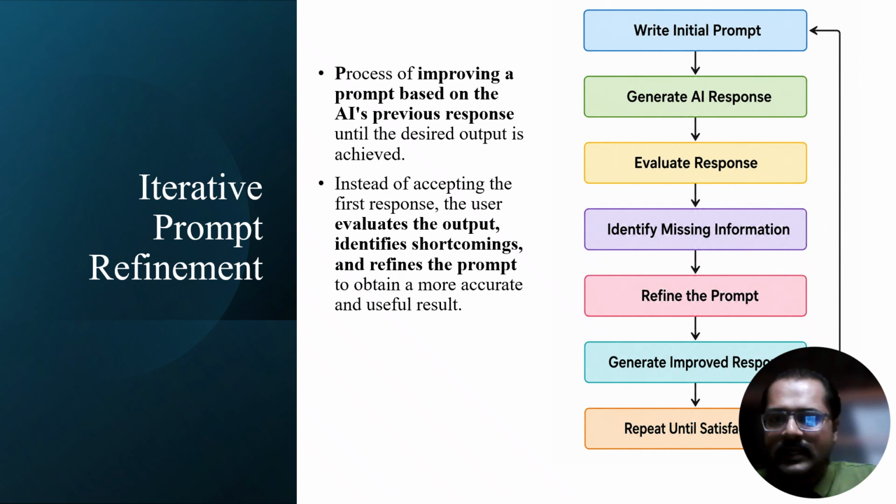You evaluate the response, identify the missing information, and refine the prompt. Rewrite the prompt and give it as an instruction again, and it may give a more improved response. Repeat this task until satisfactory. This may be a disadvantage because multiple times you need to queue prompts.